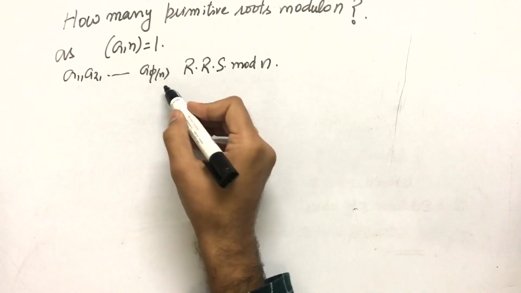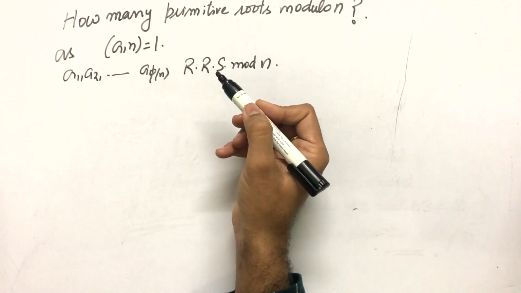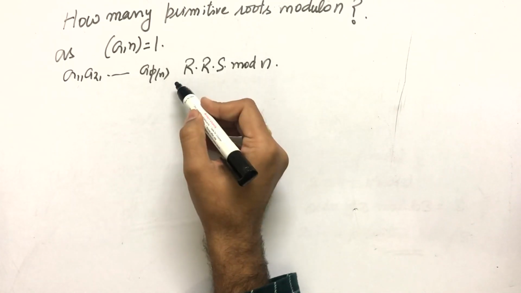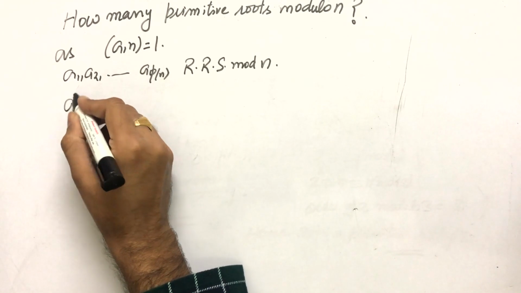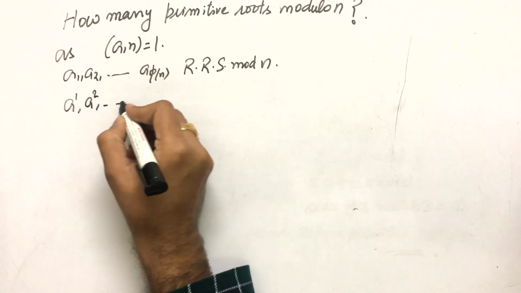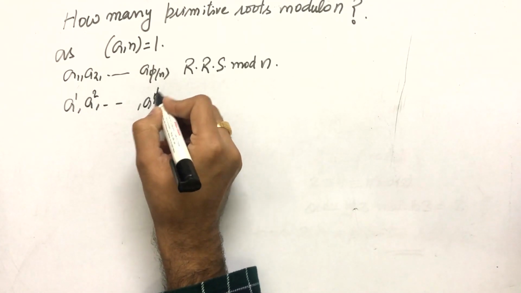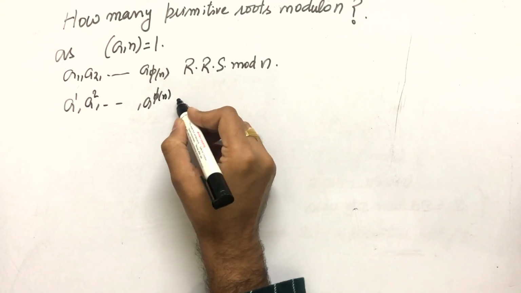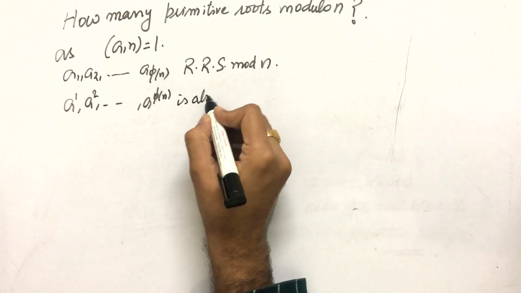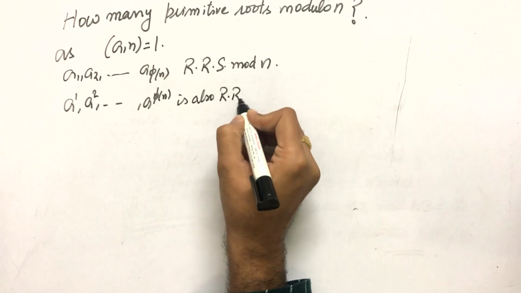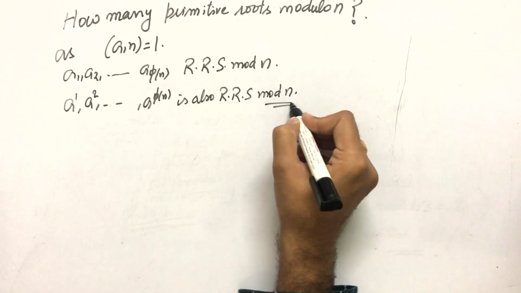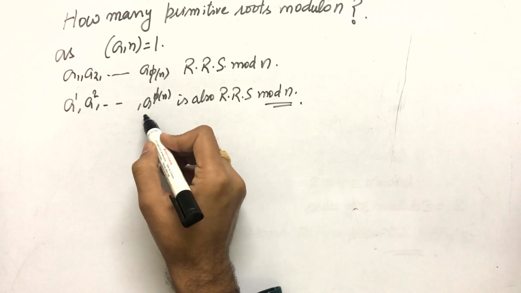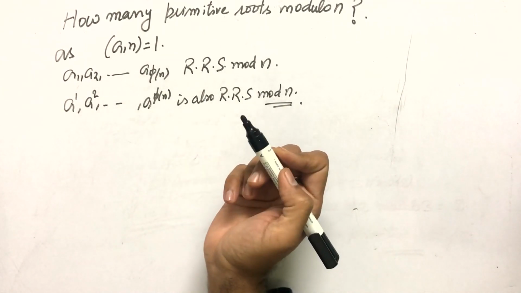Means all of these are incongruent to each other. And because of this, if a is relatively prime to n, then a power 1, a power 2, up to a power phi n is also a reduced residue system modulo n. So they are also incongruent to each other.